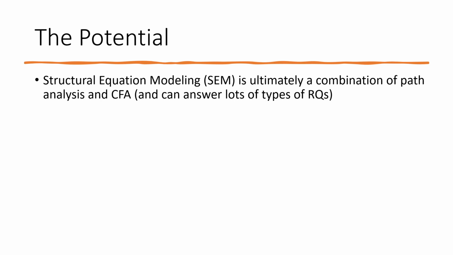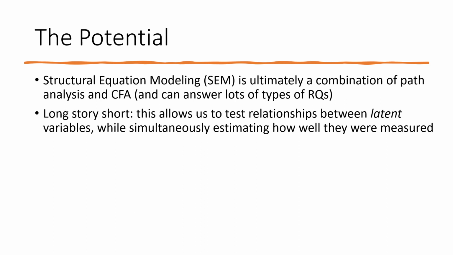Path analysis is, for all intents and purposes, regression, but can test some cooler relationships. Confirmatory factor analysis is a measure of our measurement instrument, the survey, how well the items are loading on the pre-specified factors. Combining these lets us test the relationships just like we would in a regular regression.